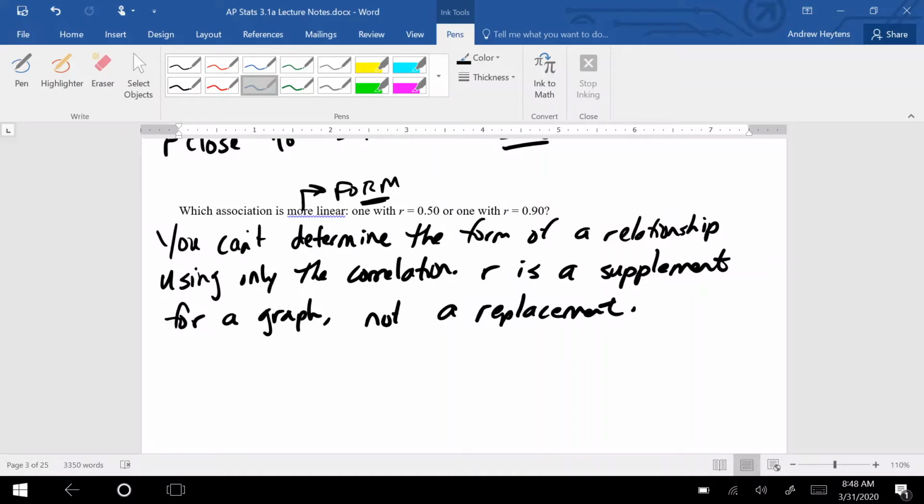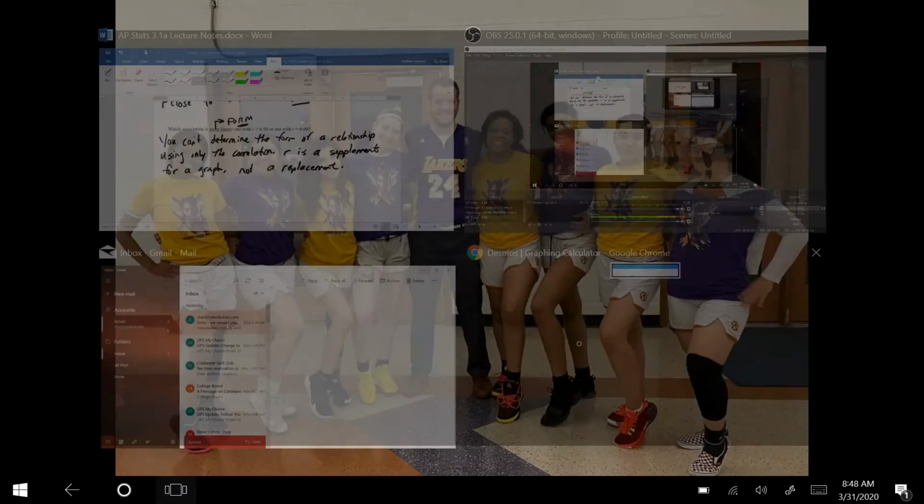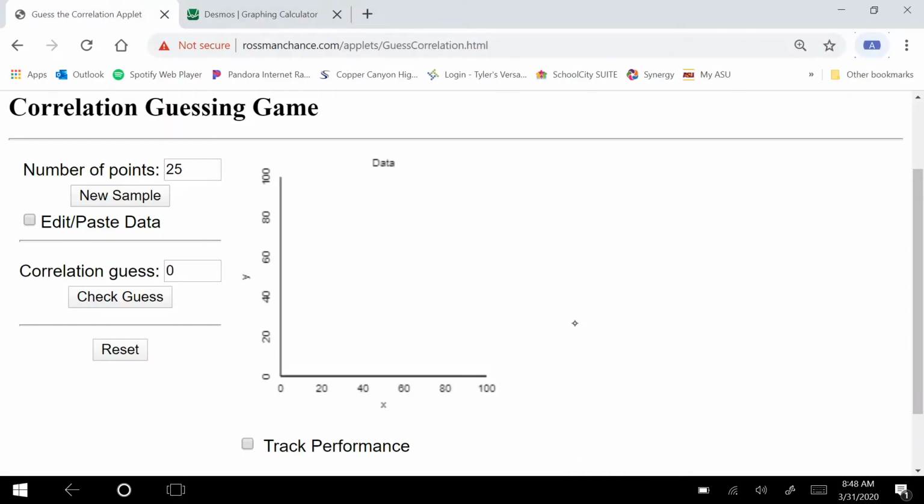Now I'm going to go through a little activity that we normally do in class to help you understand the R value a little bit. This is called the correlation guessing game. I'm going to do a few of them, and I'm going to pause in between and let you take a guess on your own on what you think the R value would be.